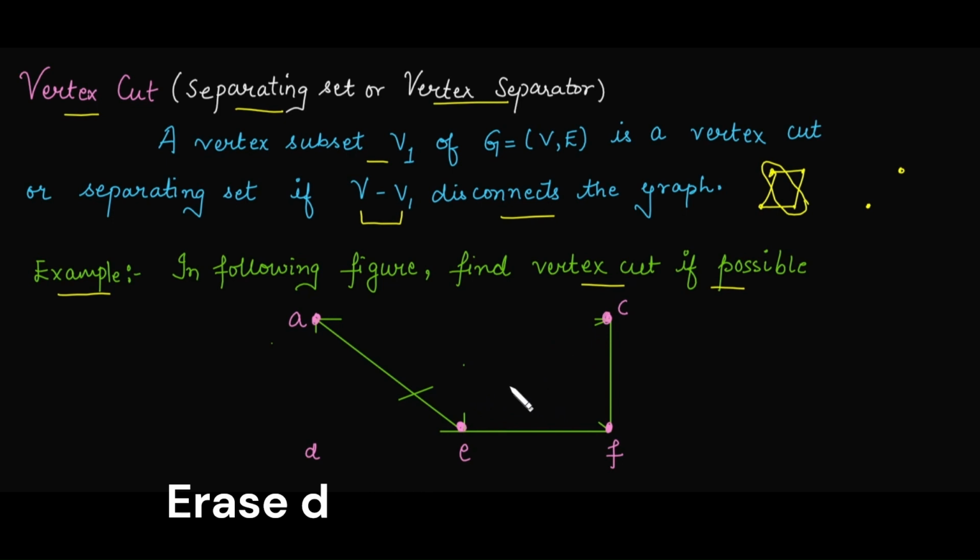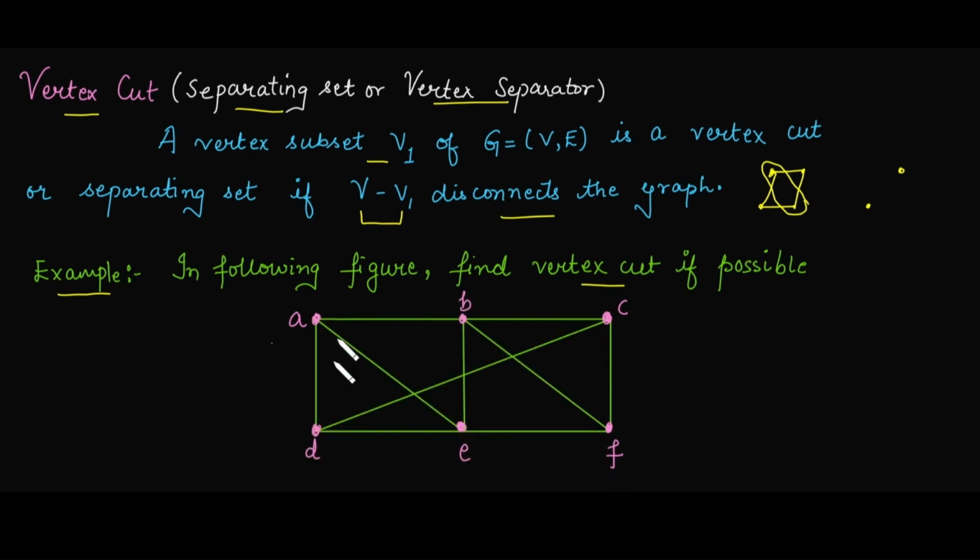The answer is no. Next, if you remove vertex E or F, you will definitely get a disconnected graph. Let's suppose we are removing the vertex E. With this, we get a disconnected graph. It means in this graph, the vertex subset B, D, E is called a vertex cut.